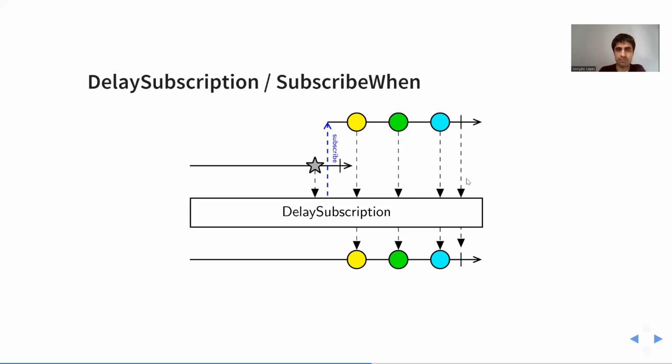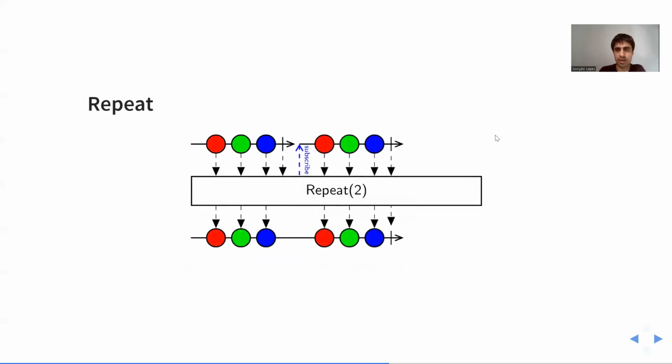And we can now put everything together by looking at one final operator called repeat. Repeat is also something that we tend to use quite a lot, but it's interesting to understand the subtleties of it. What repeat does is it takes a sequence that terminates. So repeat only works on finite sequences. If you give it an infinite sequence, there will be no effect because there's nothing to repeat.